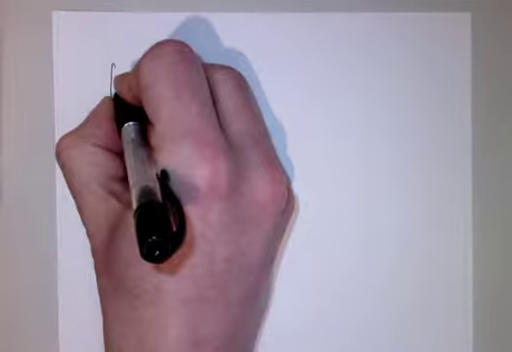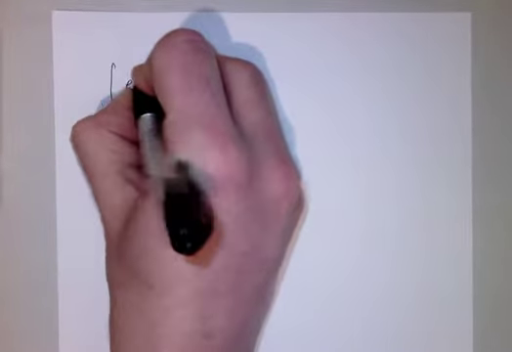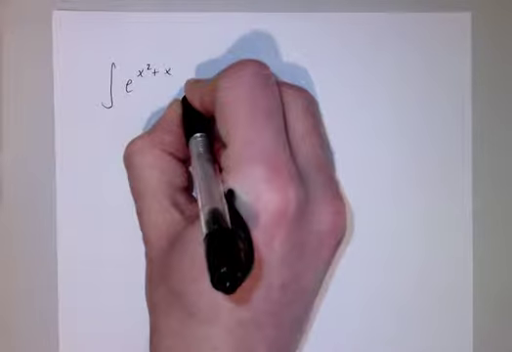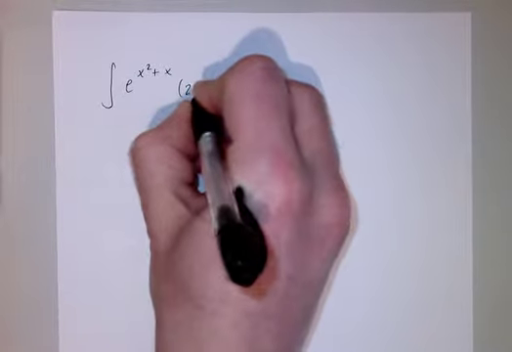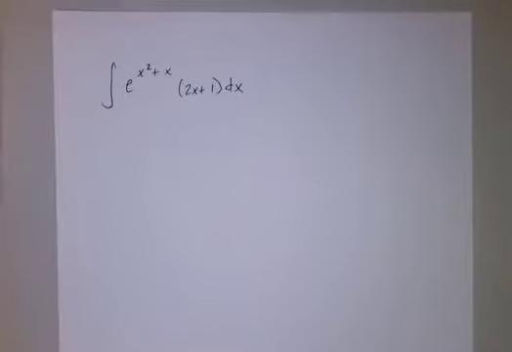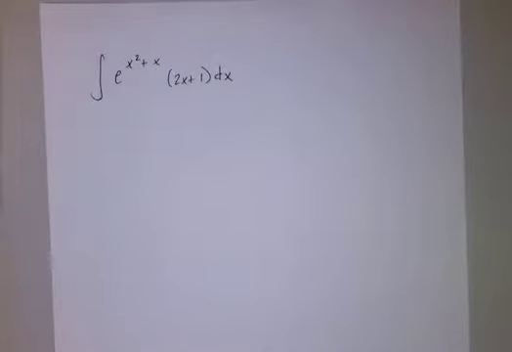So let's go ahead and look at, how about e to the x squared plus x dx. Okay. Now, of course, that's a really easy one, but since sometimes exponentials wind up being a little bit difficult for us, I thought I'd start out with a relatively easy one.